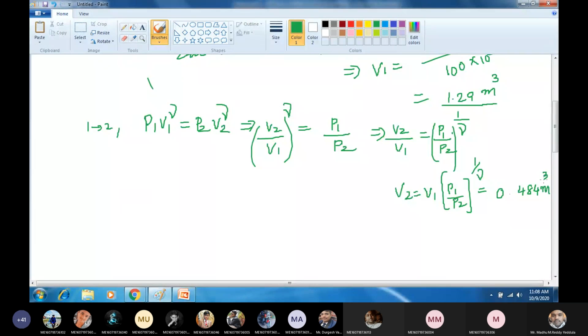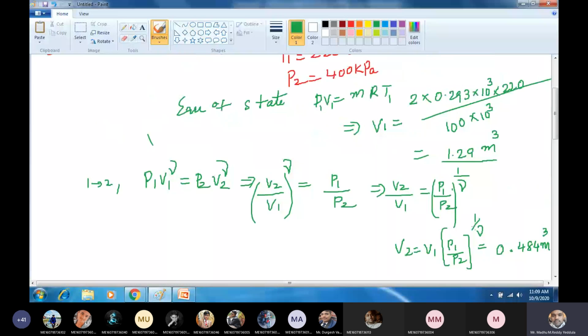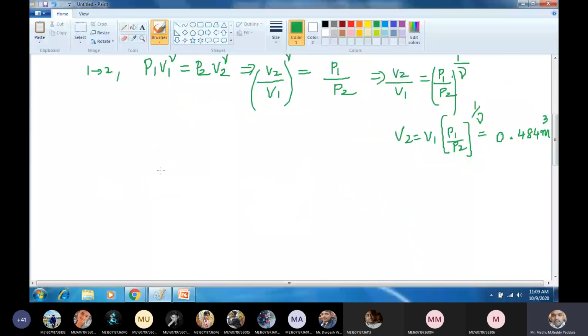0.484 meter cube. This is the final volume. Next, what is it asking? The final temperature also. For this, you need to use the equation of state as well as the governing equation. P1 V1 power gamma is equal to P2 V2 power gamma, and P1 V1 by T1 is equal to P2 V2 by T2.